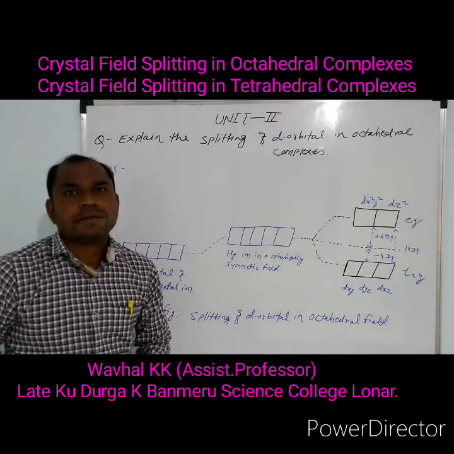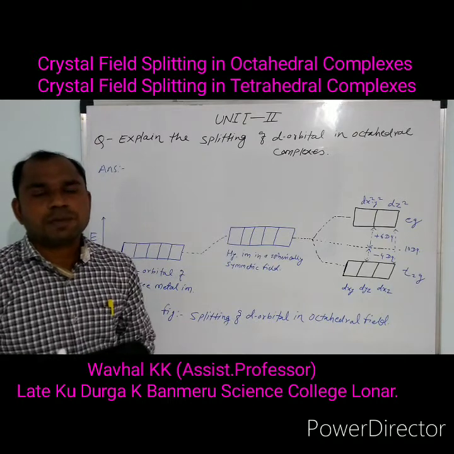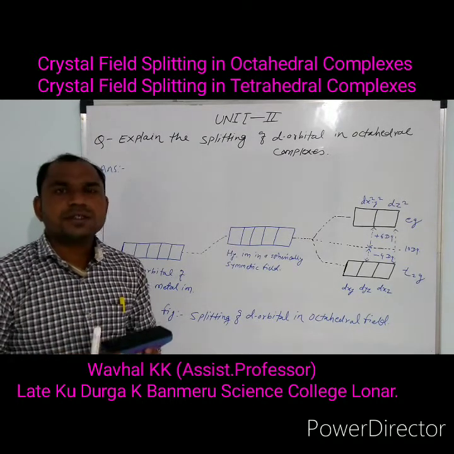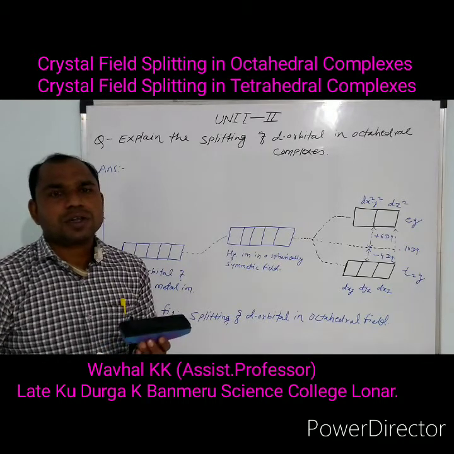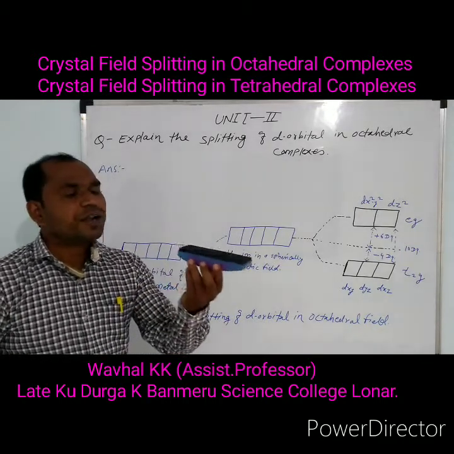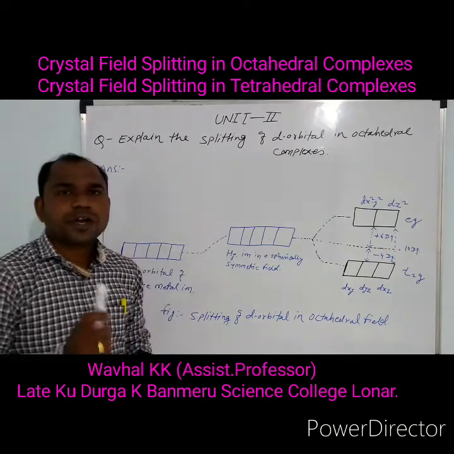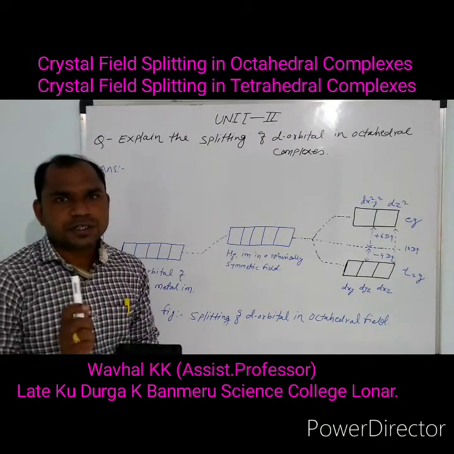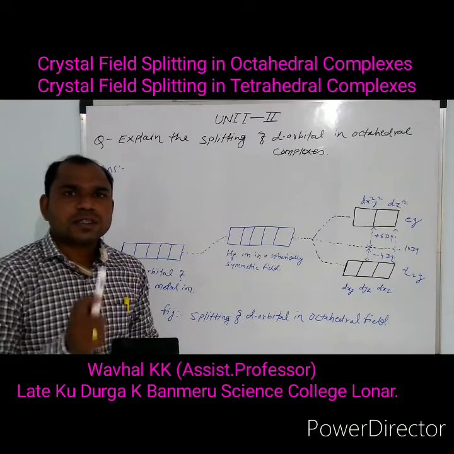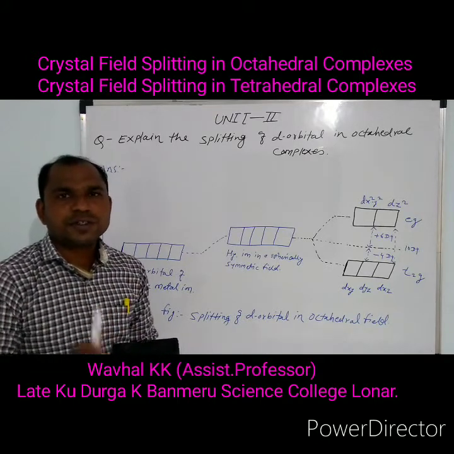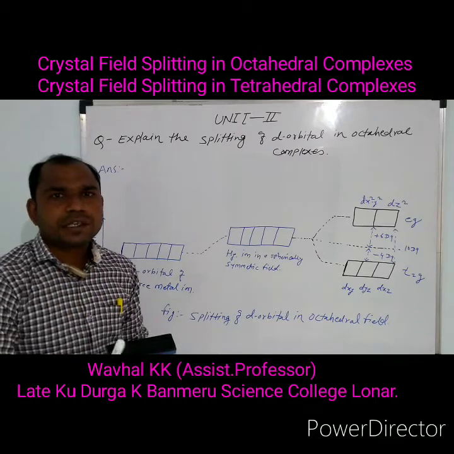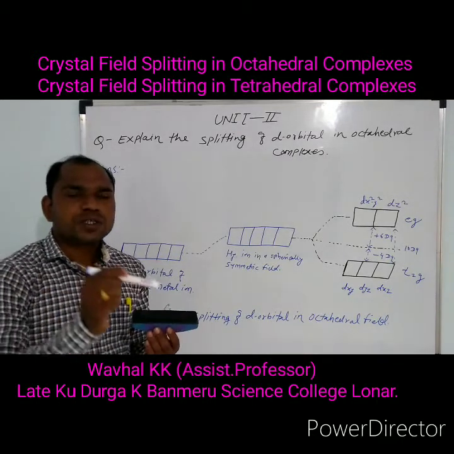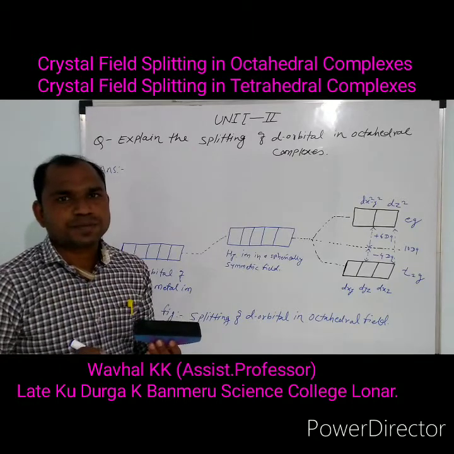Let us consider when the d orbital is placed in an octahedral field environment. In octahedral complexes, the coordination number is 6, and the six ligands approach the central metal atom.